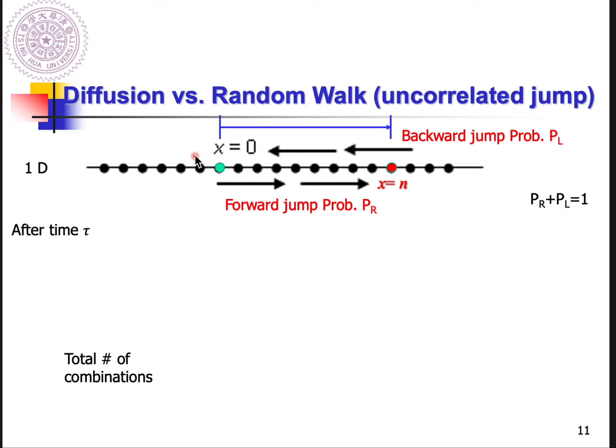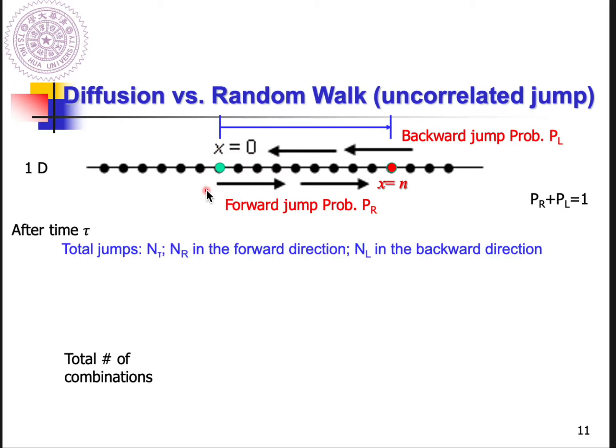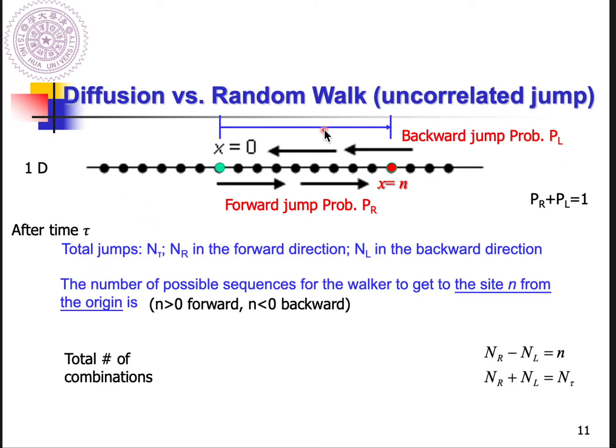And after time τ, as you know, this atom has made nτ jumps, and nτ jumps include nR to the forward direction and nL to the backward direction. And after time τ, we find that this green atom arrives at this location, x equals n. We assume this n is positive for the forward direction, and this side will be negative.